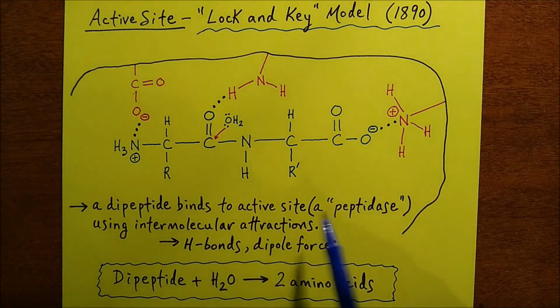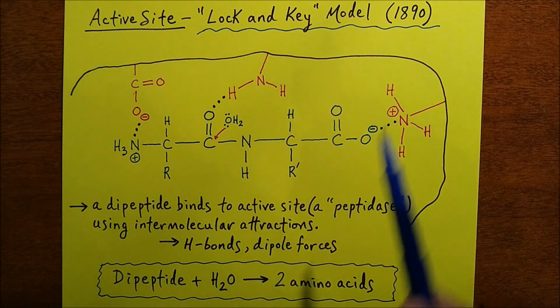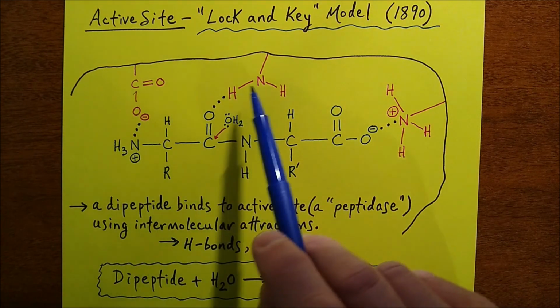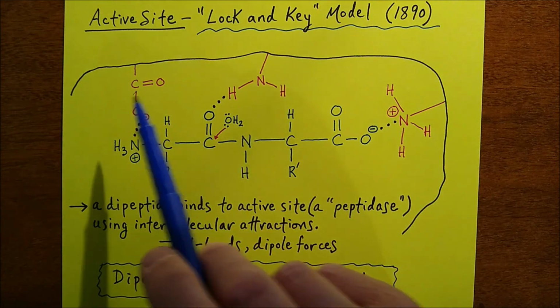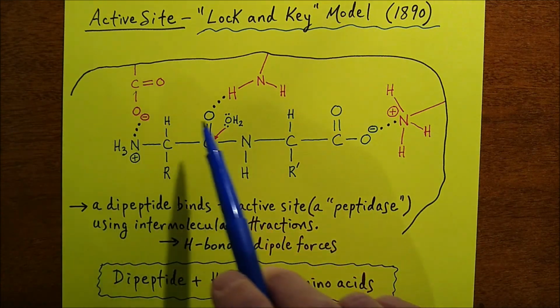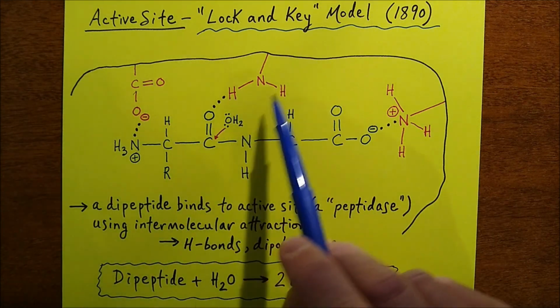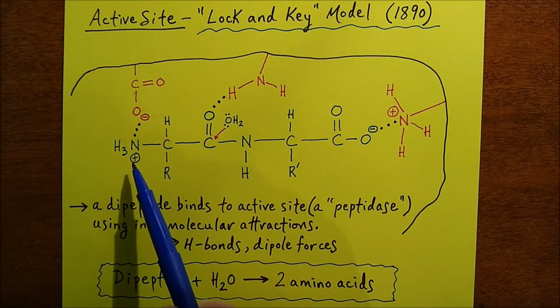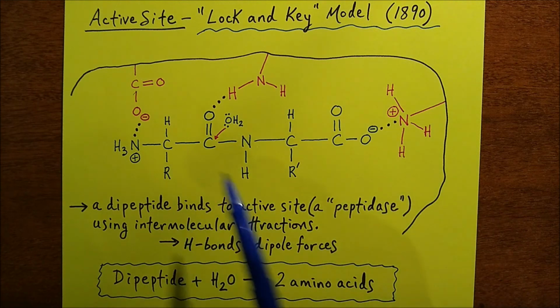But what it does is its active site is a very specific place somewhere along the long chain of the protein molecule that will only accommodate this specific molecule. And how it does that is it has specific functional groups. It might have an acid group here in red, an amine group here, and another amine group here.